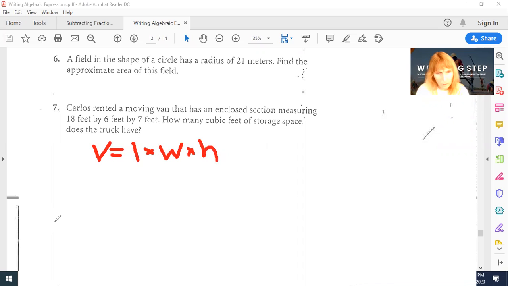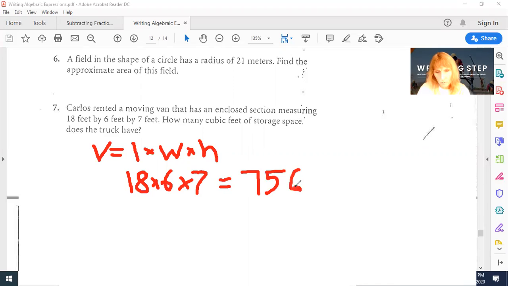We have 18 by 6 times 7. So if you multiply 18 times 6 times 7, you get 756 cubic feet.